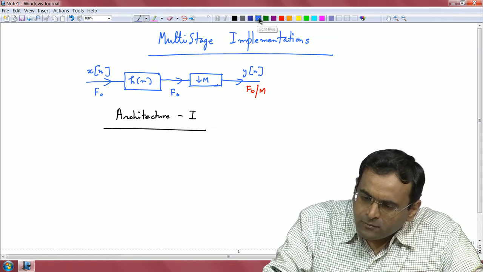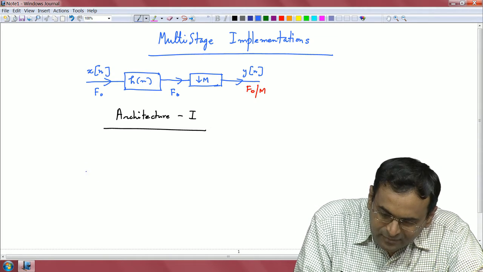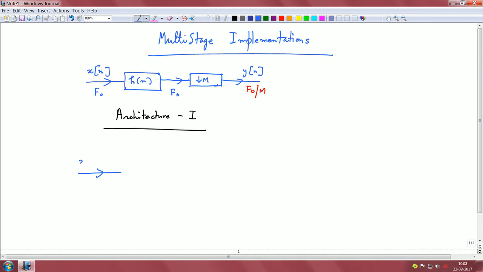You might even argue why do this way if I start with this architecture.